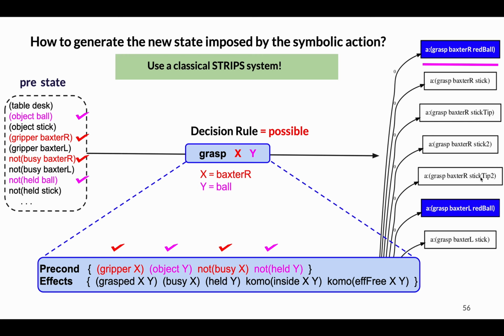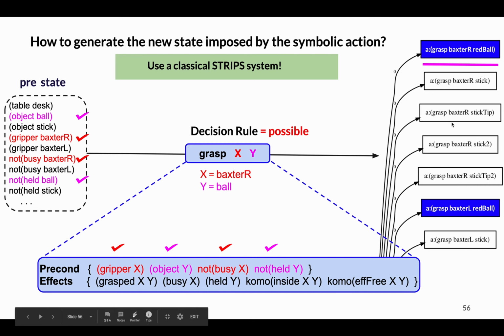In our case, we have only 5 objects on the table. 2 of them belong to the same object, because stick 2 and stick tip 2 are just 2 different locations on the same stick. But anyway, when all possibilities are over, we continue with the next. We switch to our left arm and start to iterate again through objects available in the scene: red ball, stick, and so on.